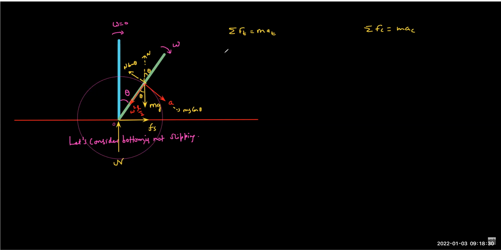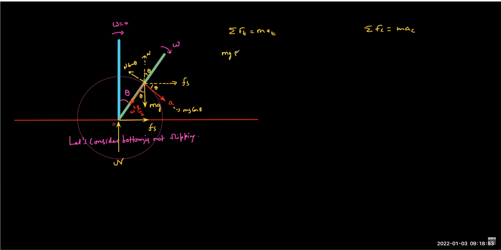So what about the friction? Now this part is okay. The component of friction in the direction of acceleration is how much? This is f, Fs, and cos theta, supporting.